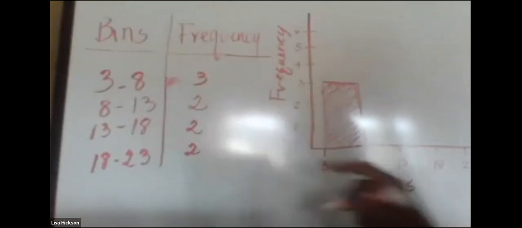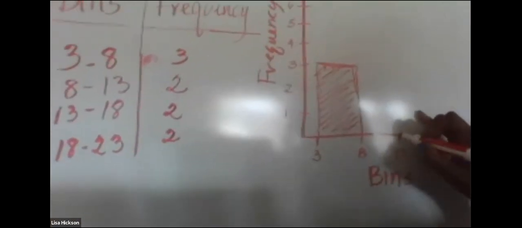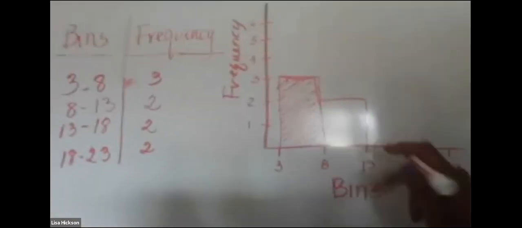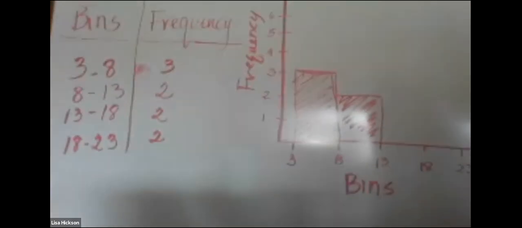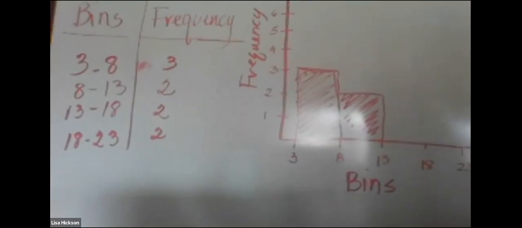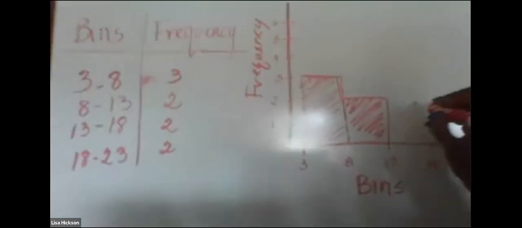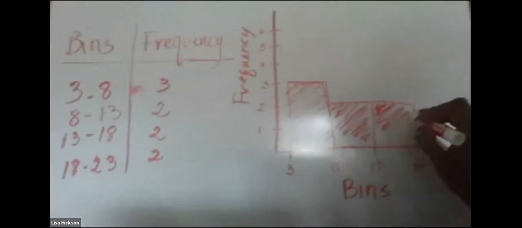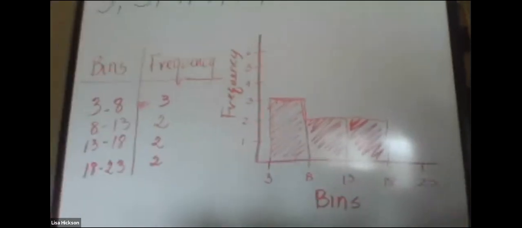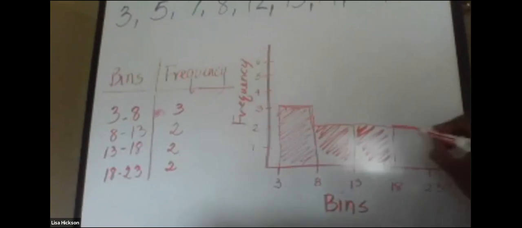Between 8 and 13, we have 2. Again, no spaces. They are connected to show that the data is continuous. 13 to 18, we have 2. And 18 to 23, we have 2.